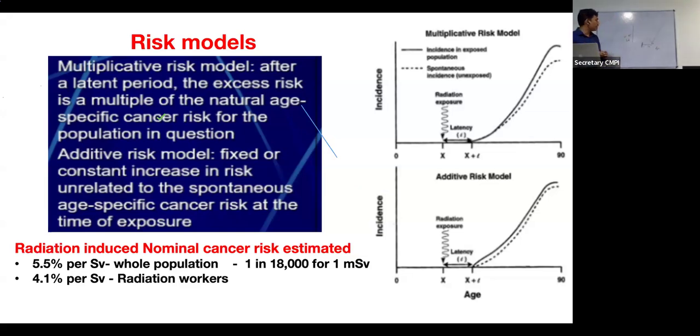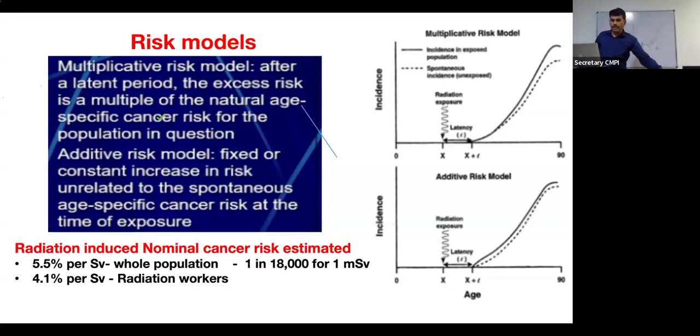But in the multiplicative risk model, the difference is bigger as you grow to higher ages; the difference from the natural incidence is multiplicative. Natural incidence means the natural cancer incidence, not because of radiation, the base values.